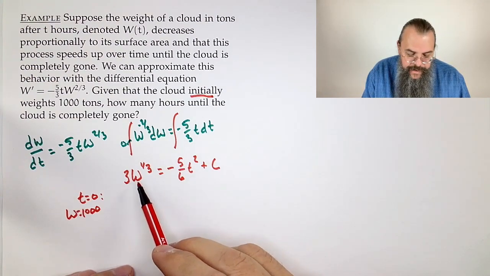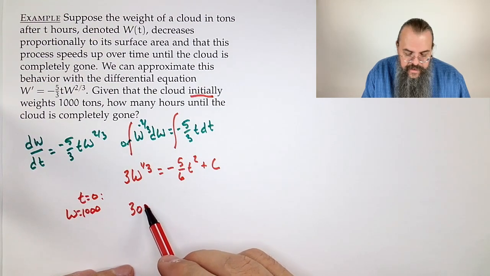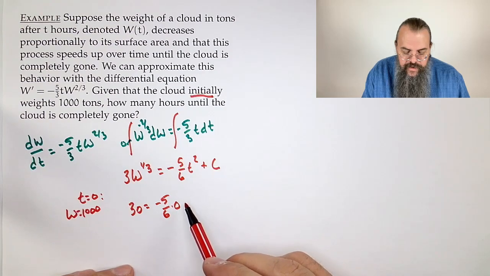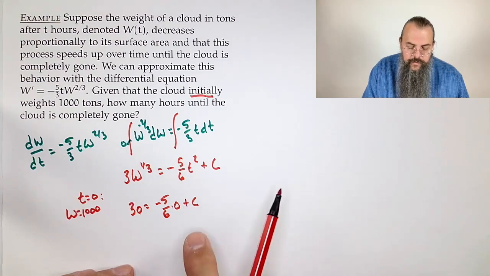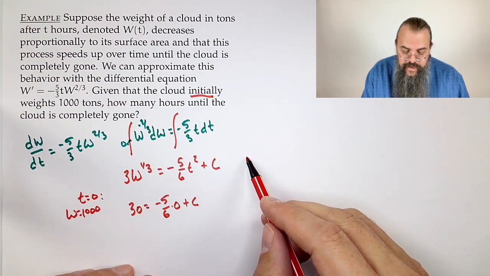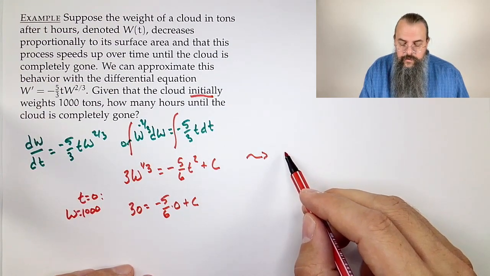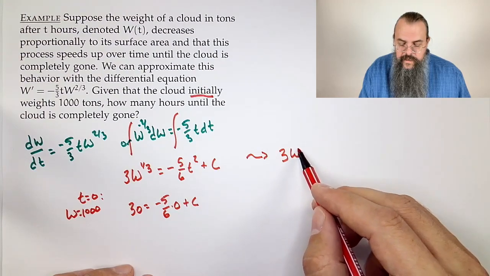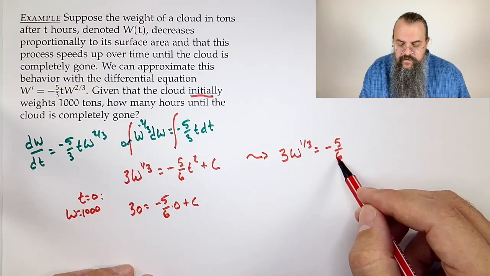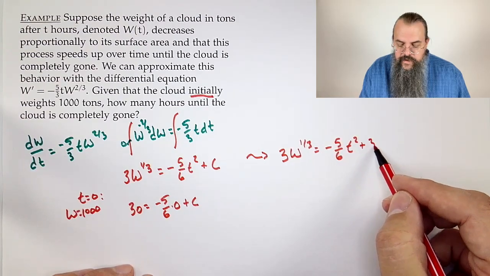So we'll have 3 times 10, which is 30, equal to minus 5/6 times 0 plus C. So we now know what C is. C should be 30. Great. So we have 3 W to the 1/3 is equal to minus 5/6 t squared plus 30.